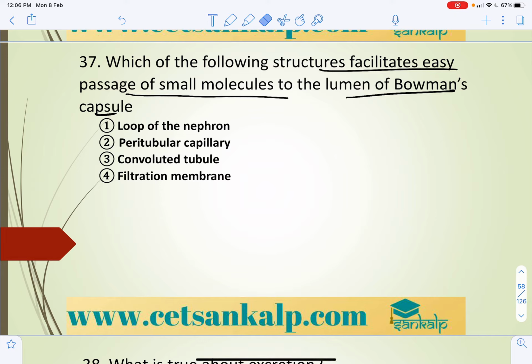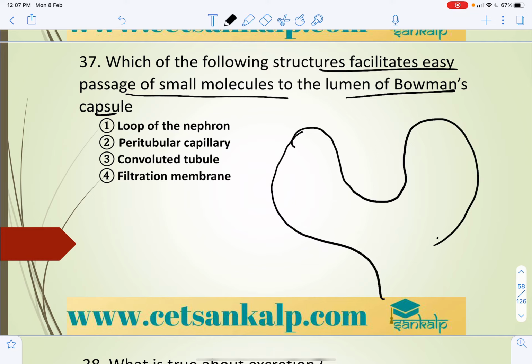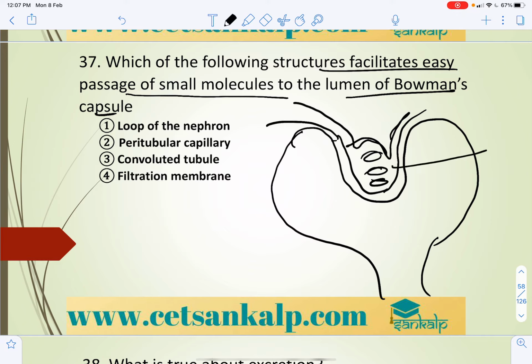As we already discussed, there is a membrane, the filtration membrane, when the blood gets filtered from the glomerulus. The blood in the glomerulus gets filtered under pressure, the net effective pressure we said is 10 mmHg. That is the glomerular filtration pressure, also called the glomerular blood capillary pressure.